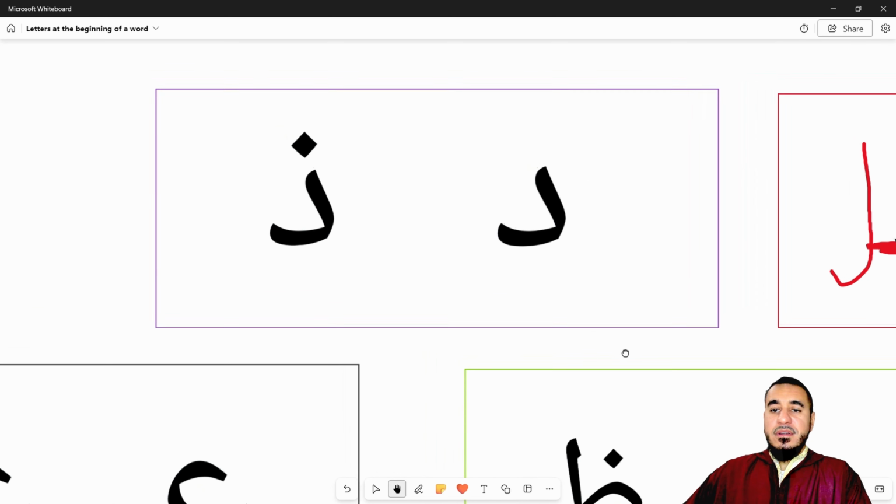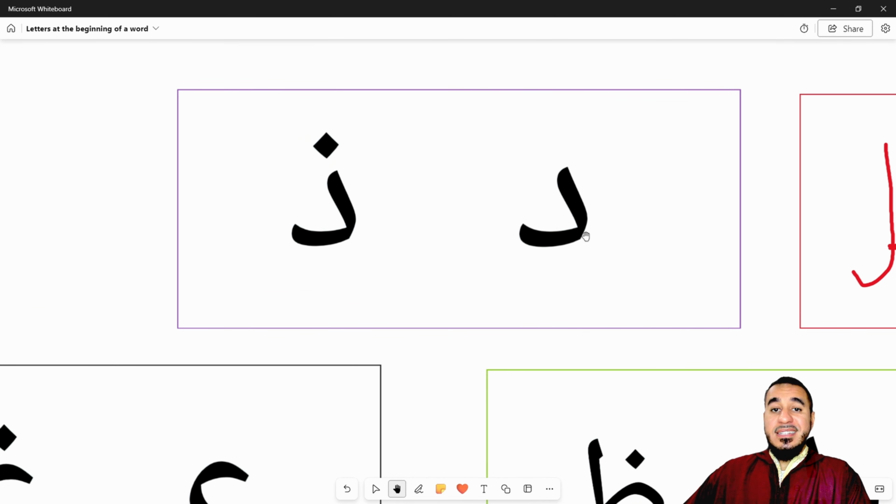And then we have these two letters, the dal and the dhal. These two letters look exactly the same as when they are by themselves. They preserved their original shape exactly as when they are by themselves.